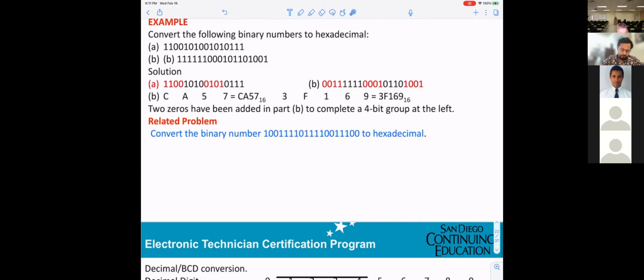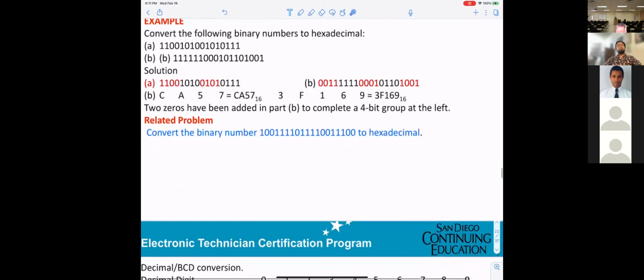We have to break that big number up into a series of 4 bits, and each group gives one hex digit, like when you write 0x. In order to do it, first, from the least significant bit, that means from the right to the left, divide into groups of 4 bits.